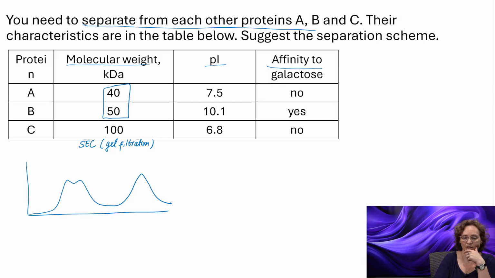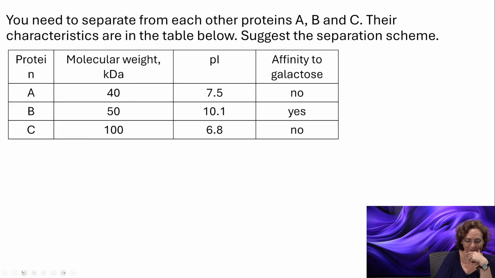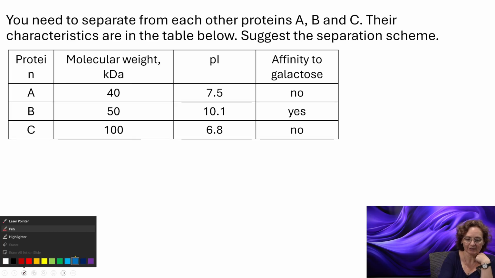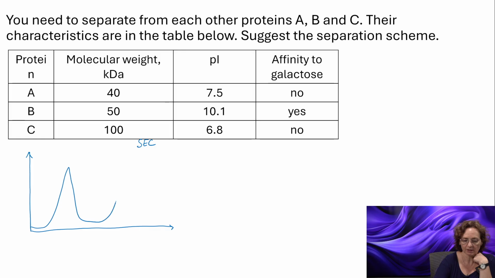Let me start it all over here. So I'm going to draw that elution profile for size exclusion chromatography, and the first will be protein C, and then you will have most likely B and A not well resolved, right?